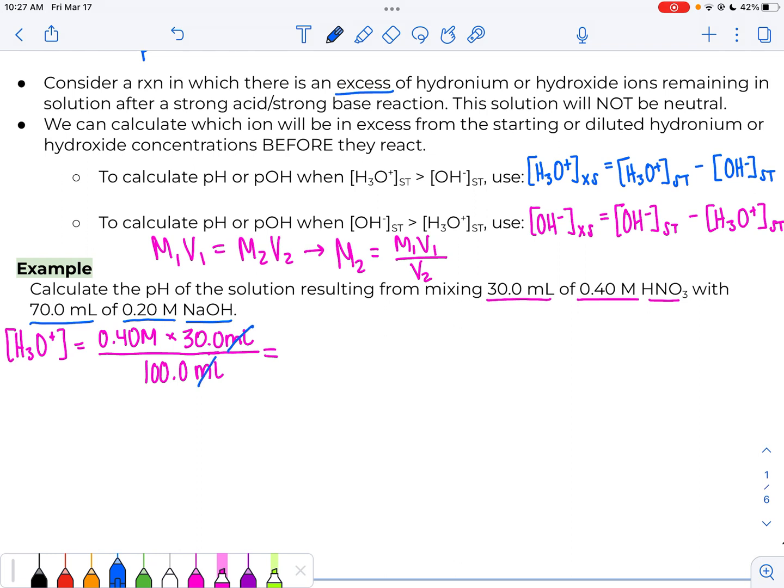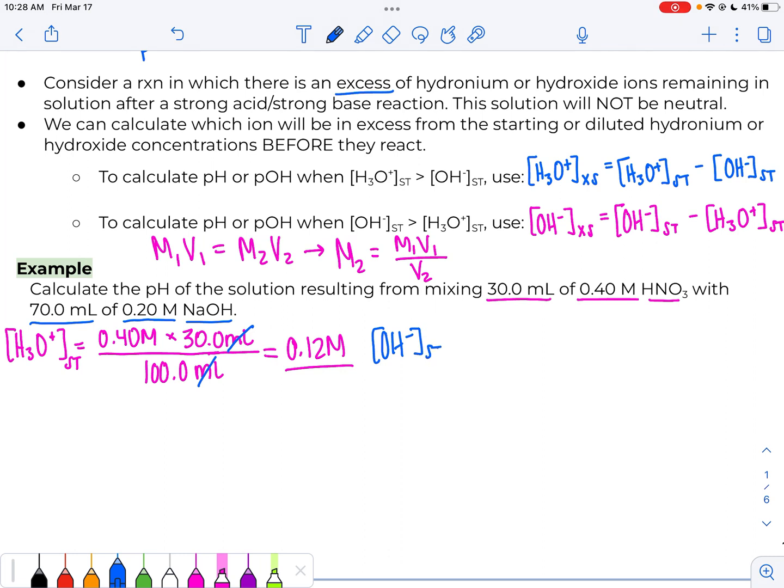Here my units cancel. And when I throw this into my calculator, I end up with a concentration of H3O+ as 0.12 molar. I'm actually going to write a little ST next to this to say this is our starting concentration of our hydronium. Okay, now we're going to do the exact same thing, but for our hydroxide.